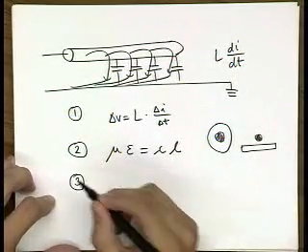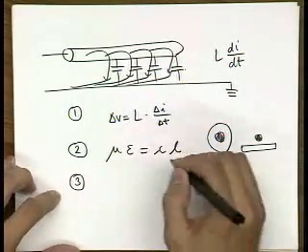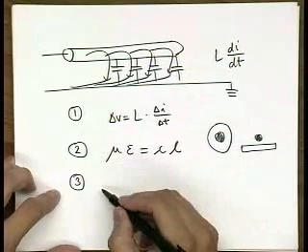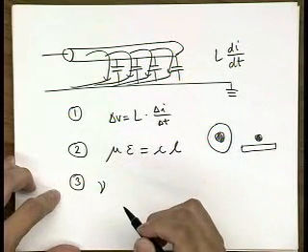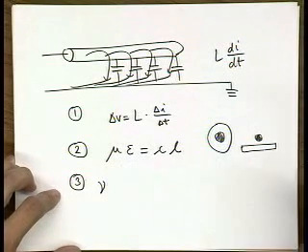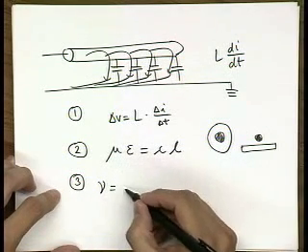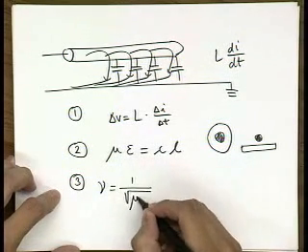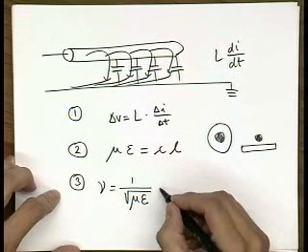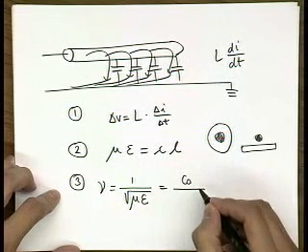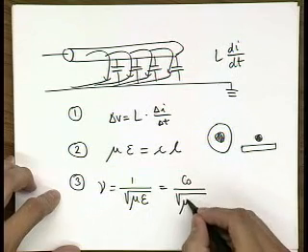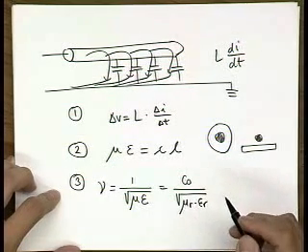And the third way you can understand what's going on with the inductance is to observe that propagation of a signal through a medium is equal to 1 over square root of mu epsilon. And that is equal to c naught divided by square root of mu r epsilon r.